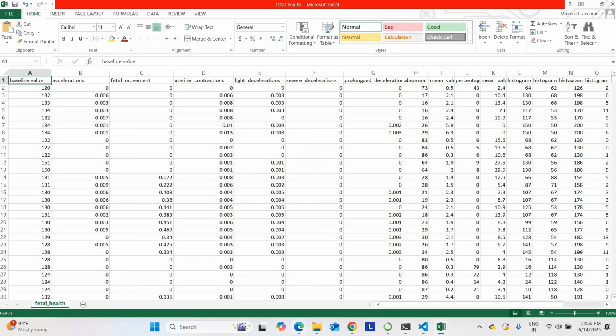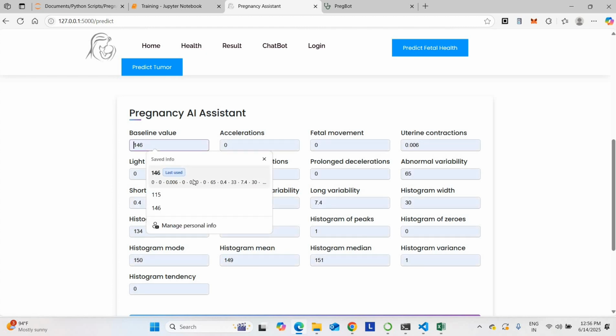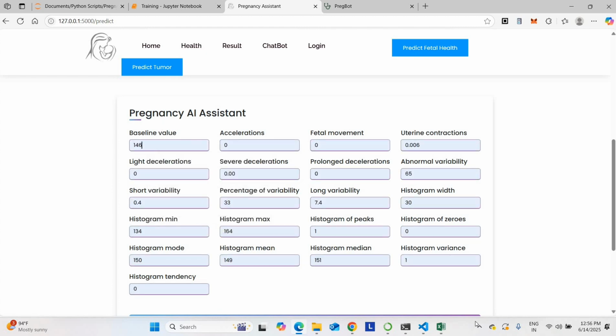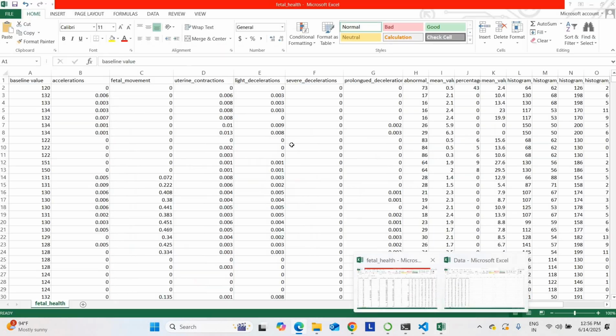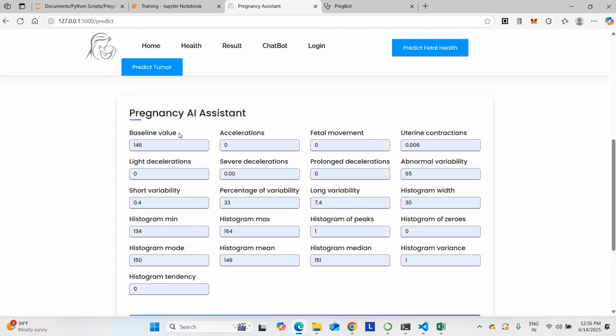You can give any data from your tested report. I'm just feeding a sample here, any sample data. You can check sample or any other real-time data, it will work. These are the ultrasound test report values. You have to get them from the ultrasound test report and feed them here. Baseline value, acceleration value, fetal movement value, uterine contractions, light decelerations.